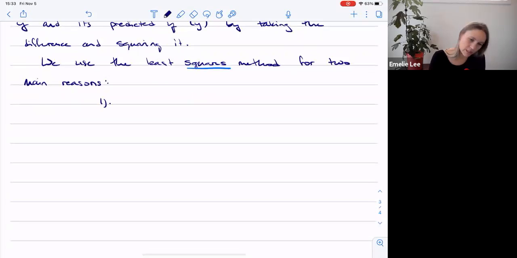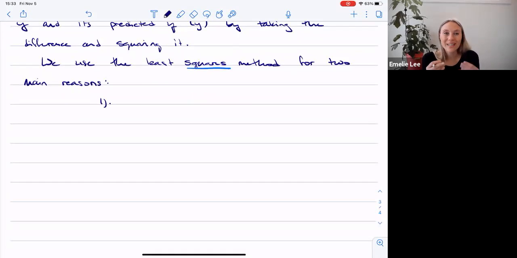First one is squaring a negative value gives you a positive, right? Because otherwise you're adding positive values, values that are above the line, and negative values that are below the line. If you just sum those, you're going to end up with something close to 0 all the time. Those distances, which we're going to call residuals or errors, because they're error from the line, but for now we can just call them distances.